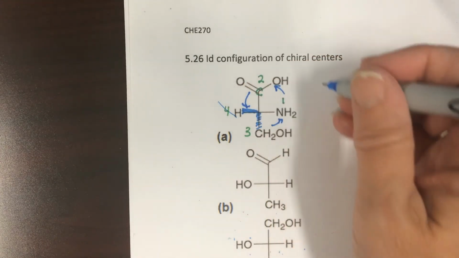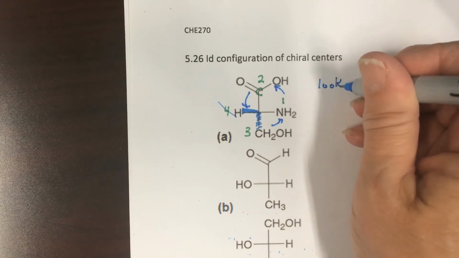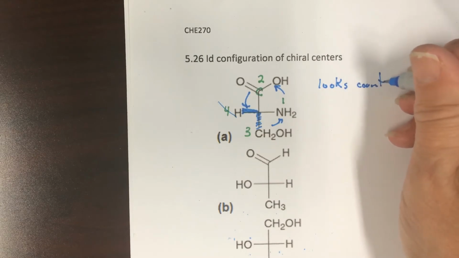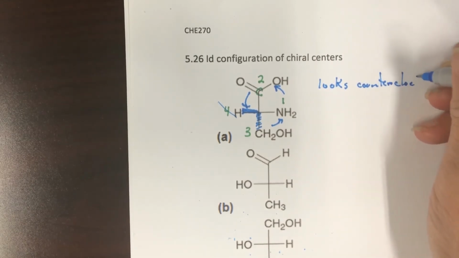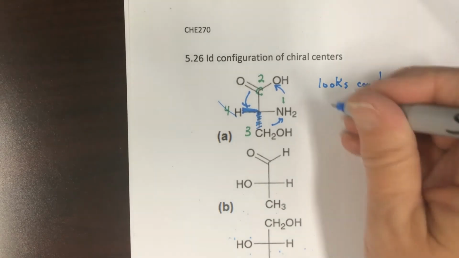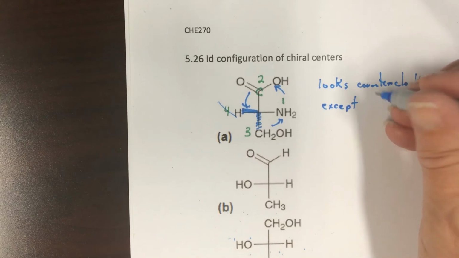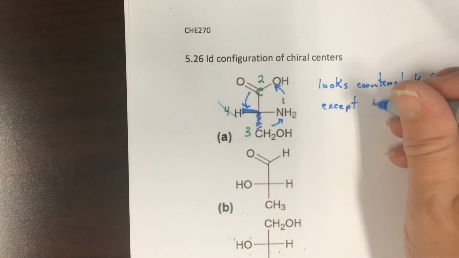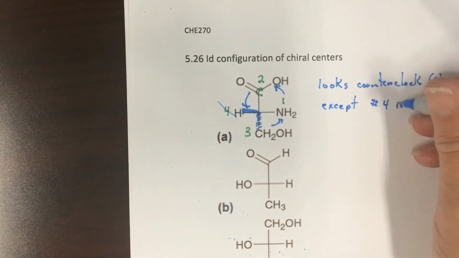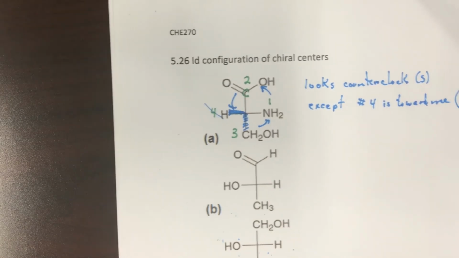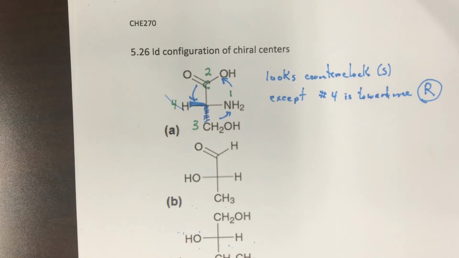It looks like we're going counterclockwise, and that would make it S, except that the lowest group, number 4, is toward me. So I'm going to reverse it, and it's going to be R, because we're looking at the back of the molecule.